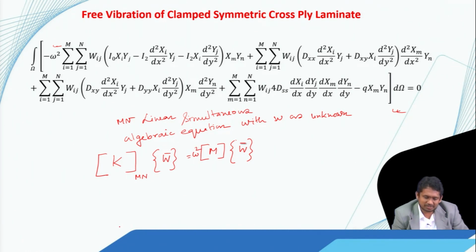Now, if our approximation is such that while calculating these integrations, these terms become 0 when i and m do not match, or j and n do not match, in that case, we will get uncoupled equations. But if that orthogonality condition is not valid based on the approximation, then we will get all the equations to be coupled. Now, in this problem we have used trigonometric functions with sin. So, we will get uncoupled equations.